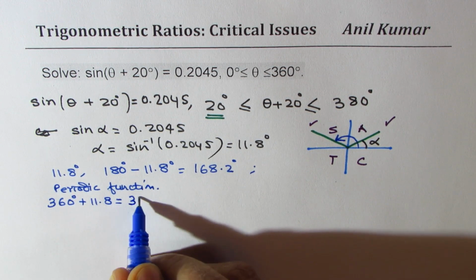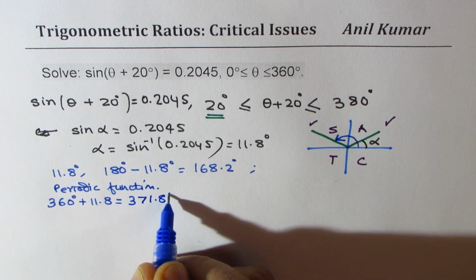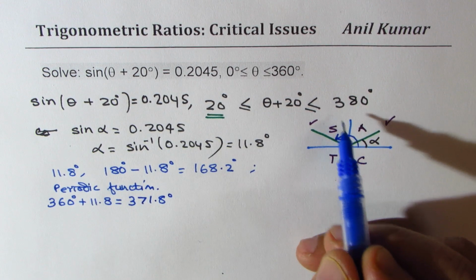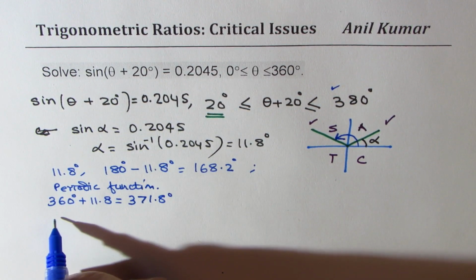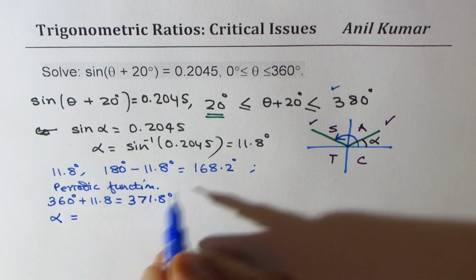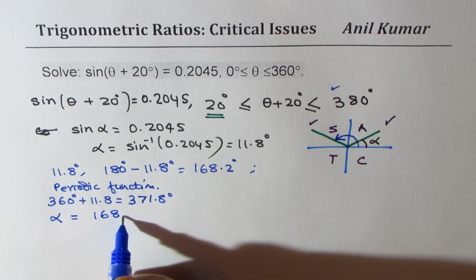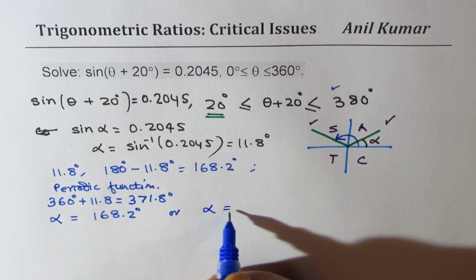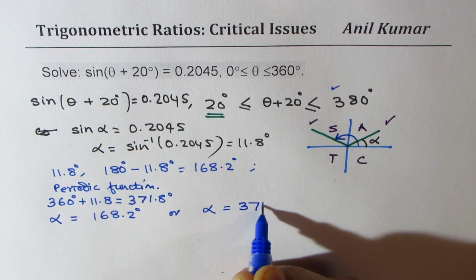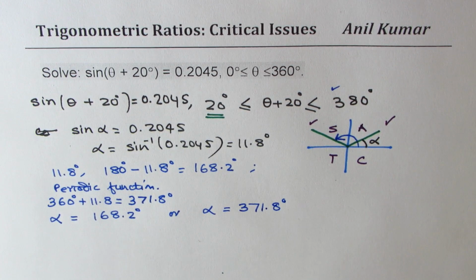We get 371.8 degrees. That is in our domain. So what we get here is that the angle alpha could be either 168.2 degrees or alpha equals 371.8 degrees. I hope that point is well taken care of.